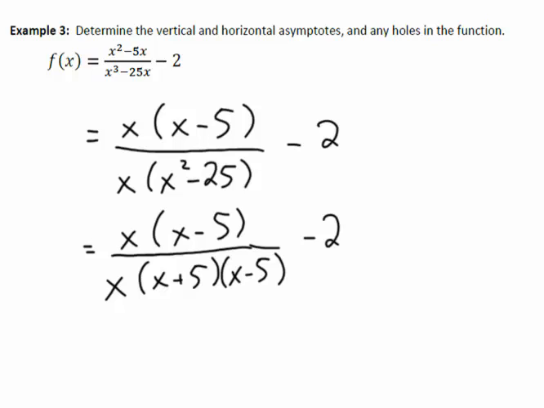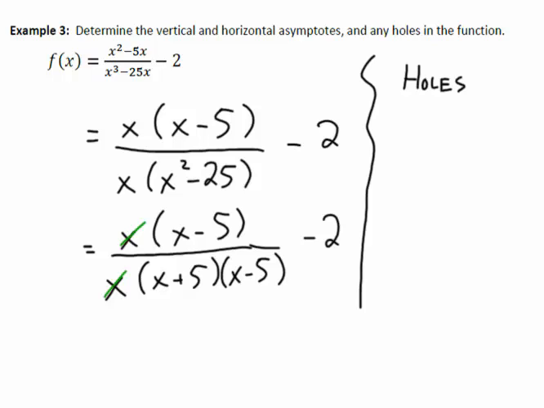Well, first things first, let's try this new idea of finding any holes in the function. And the holes in the function are any values that would cancel out. Well, look at our function. The x and the x are going to cancel each other out.